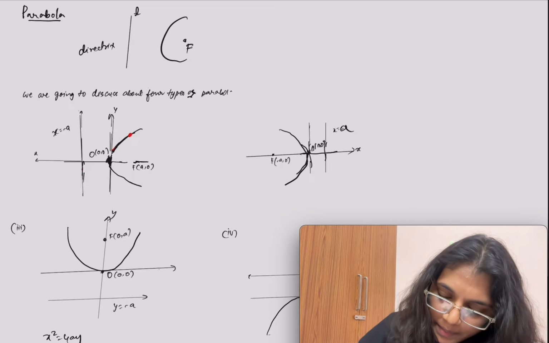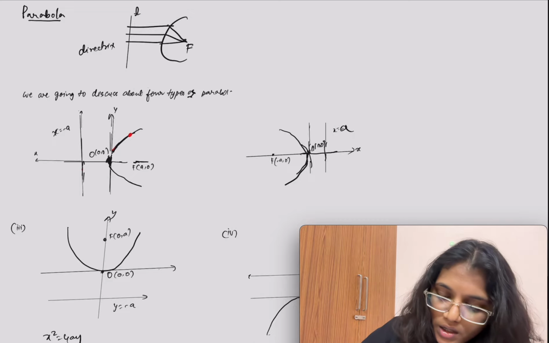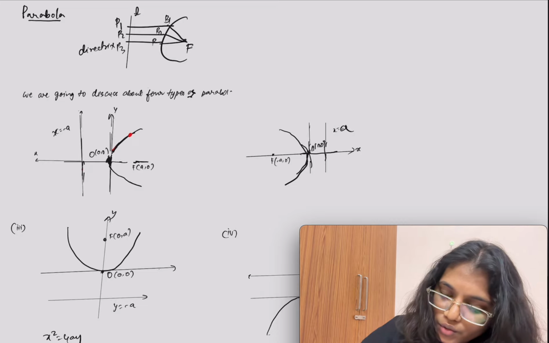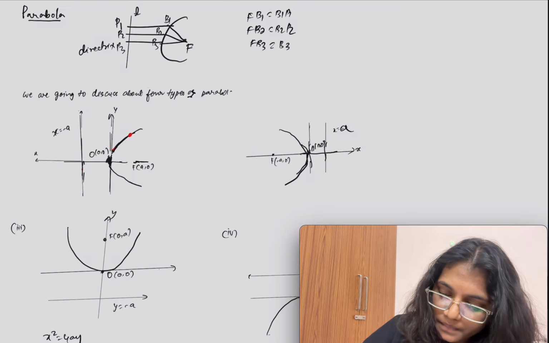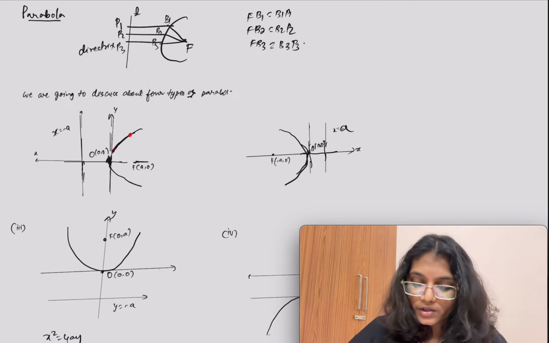Let us draw some perpendicular lines to the curve and let them join to the focus. Let us name the points as P1, P2, P3, and the points on curve as B1, B2, B3. So FB1 will be equal to B1P1, FB2 will be equal to B2P2, and FB3 will be equal to B3P3. So this is the basic definition of the parabola.